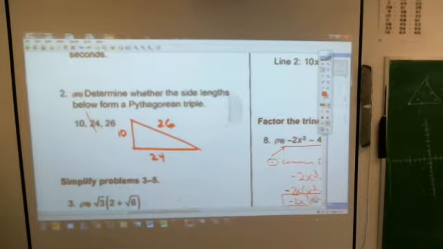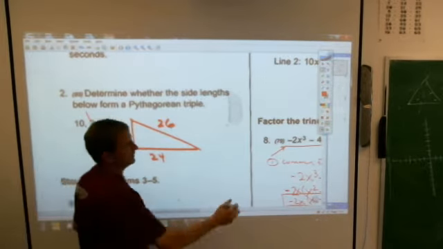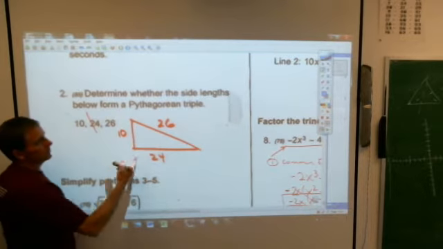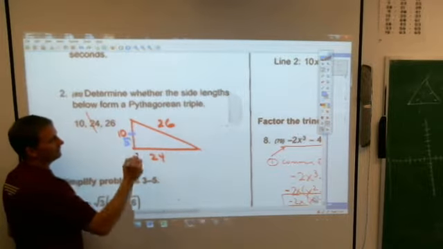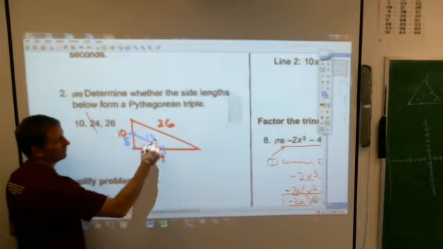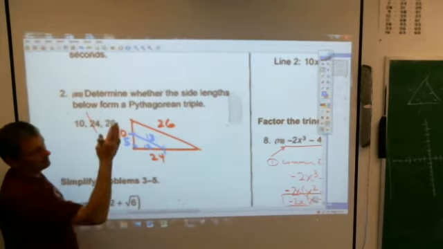You will see it's not there, but you'll notice that these all have a common factor that you can shrink the triangle down into a smaller one that maybe will be there. So cut everything in half, you end up with a 5, a 12, and a 13, in which case you would want to look at that.